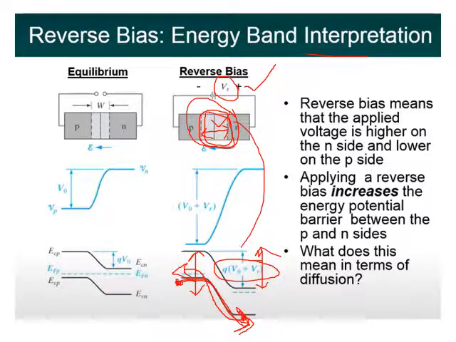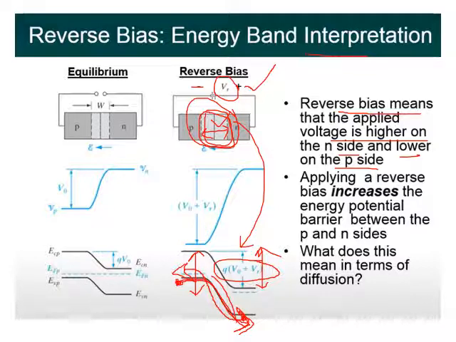The same thing we can interpret using the band diagram in this way. The gap has been increased, right? It is because of V naught plus Vr. Hence there is difficulty in movement of charge carriers from the P side to the N side or the N side to the P side. That is for both holes and electrons. So what is written? Reverse bias means the applied voltage is higher on the N side and lower on the P side. That means negative on the P side and positive on the N side.